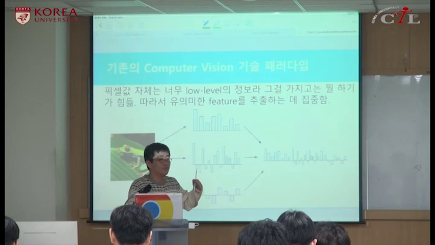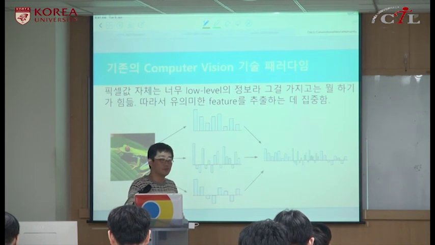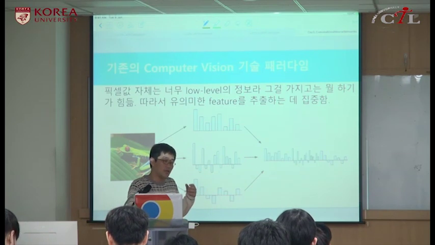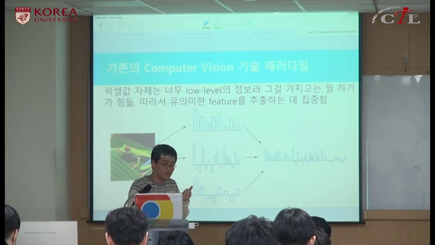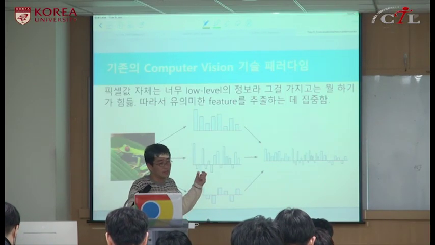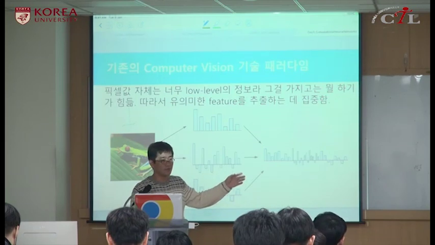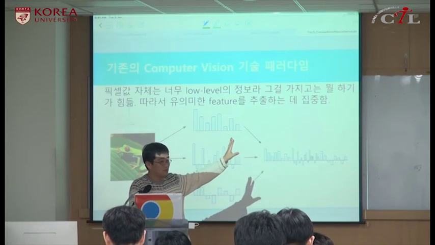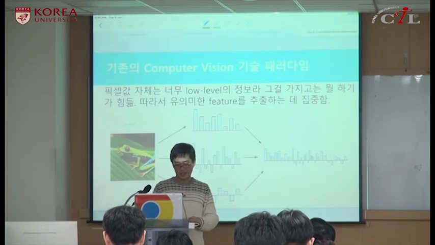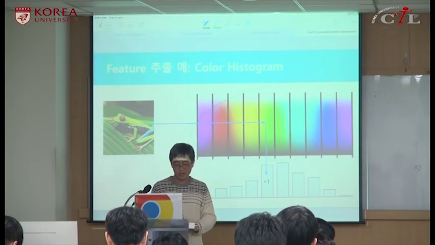Before the era of deep learning, what was the typical approach that people had taken? We tried to develop the most carefully designed algorithm that can extract meaningful information out of the image. One really naive way is to ask what the meaningful feature is given this set of pixels. In this case, we can think of a color histogram, right?